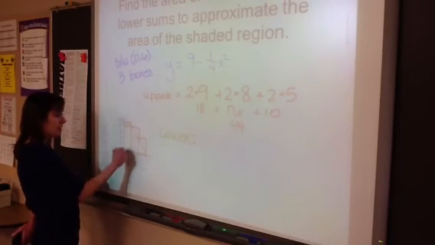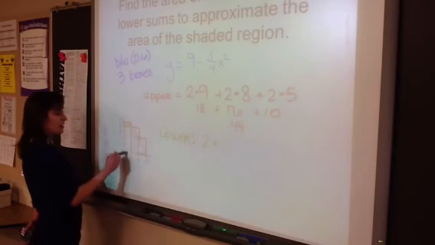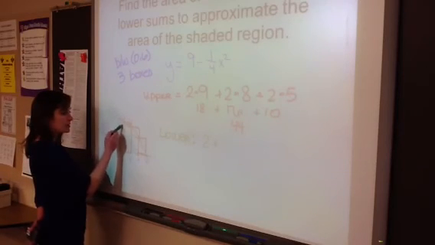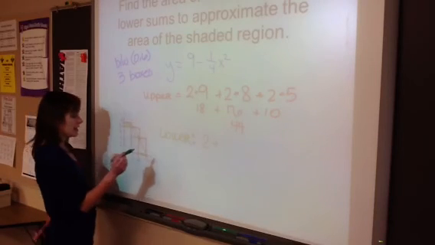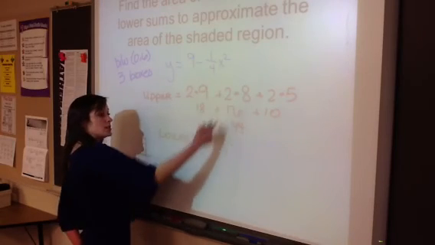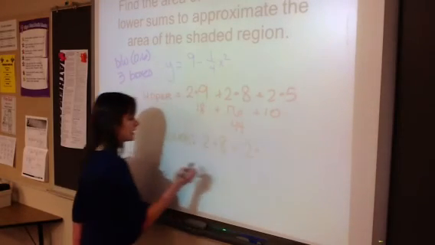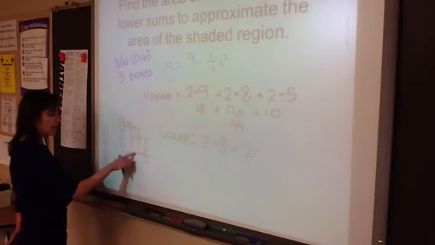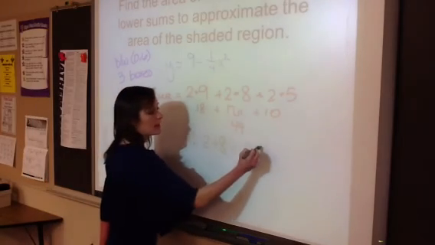If we look at the green box, it's still 2 wide. The height of this box, we aren't going to plug 0 in because that's not where it touches. It touches right here. So if we plug in 2, we will get 8. Notice that was the same as our second box in the upper. Plus 2 times, okay, for our second box, it's going to be the same as our third box, and we plugged in 4, so we get 5.